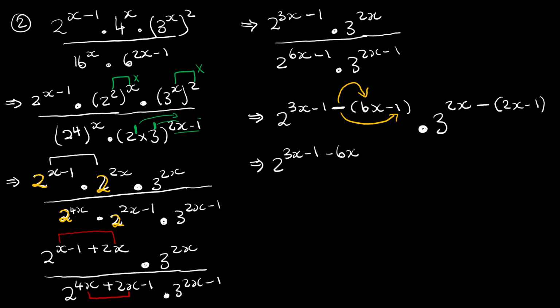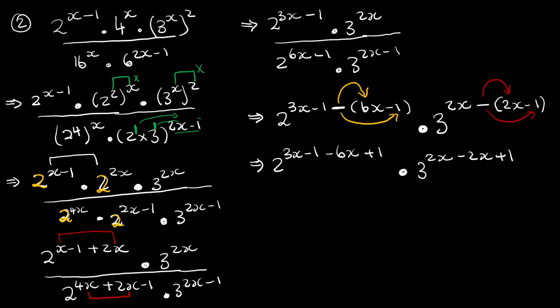Then this is minus times minus 1, which will give us positive 1. Then you have to do the same on the base 3. So this will be 2x. You need to take that negative sign, multiply the 2x with negative, then multiply the minus 1 with negative. So the answer that you get is going to be minus 2x plus 1.